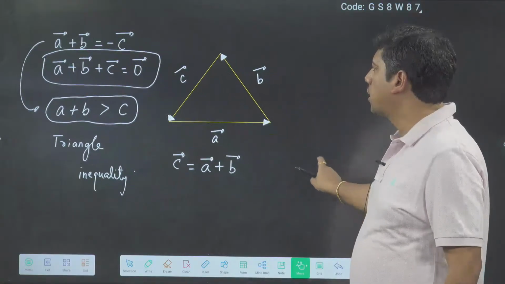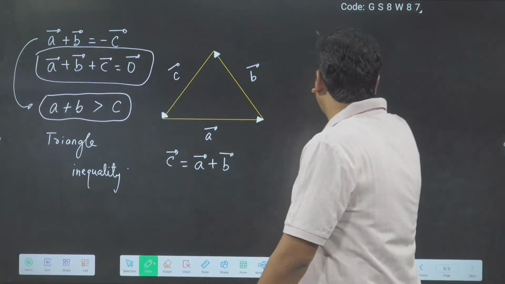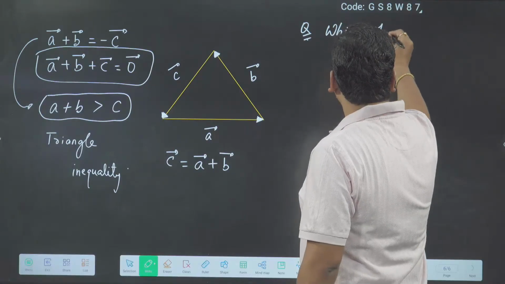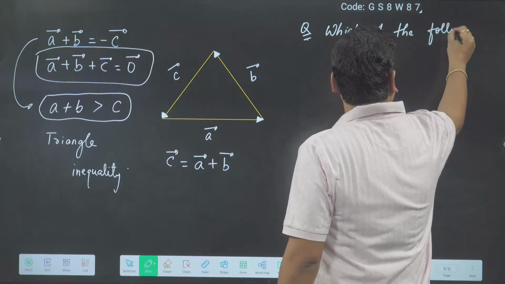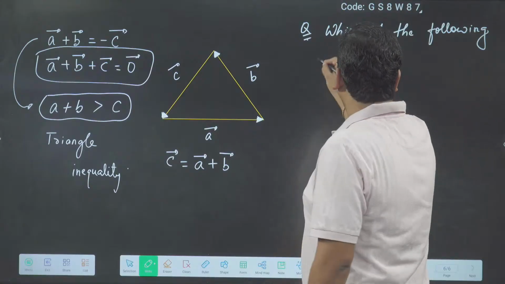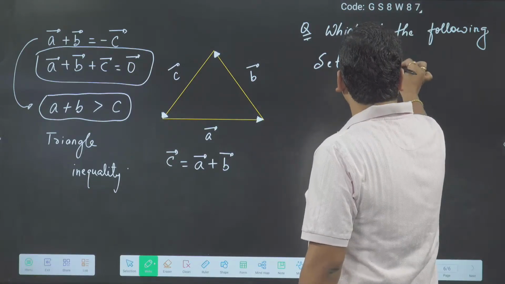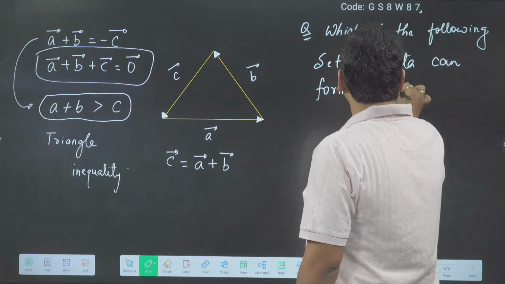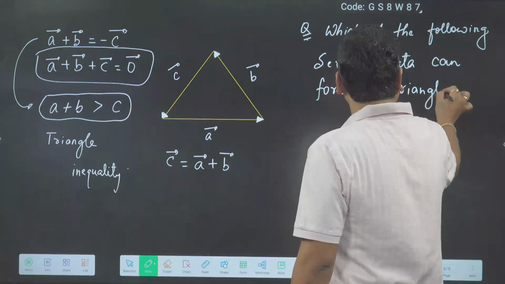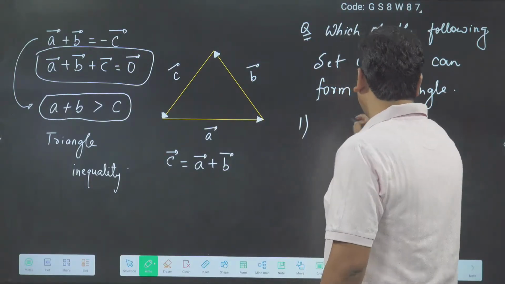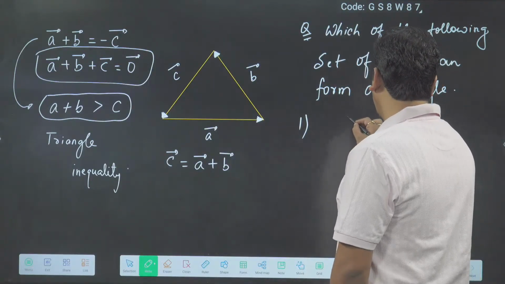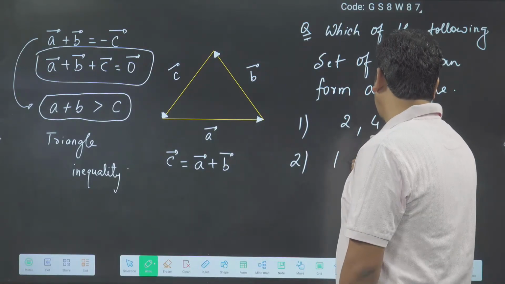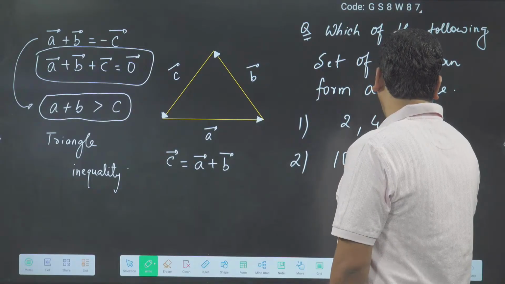understand from the question. Which of the following sets of data can form a triangle? Option 1: 2, 4, 8. Then 10, 5, 4.